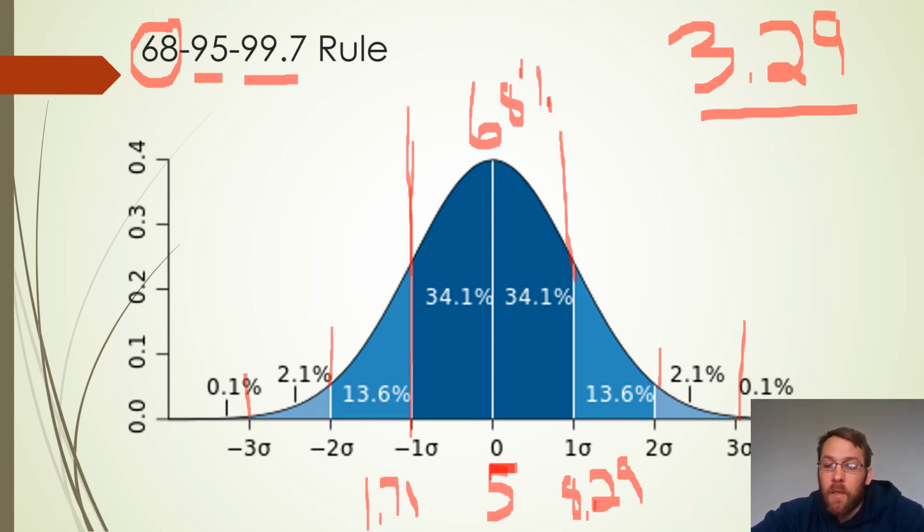I can predict with some accuracy that the range of dunks that LeBron James is going to have in that next game is somewhere between 1.71 and 8.29. I can predict that with 68% accuracy.